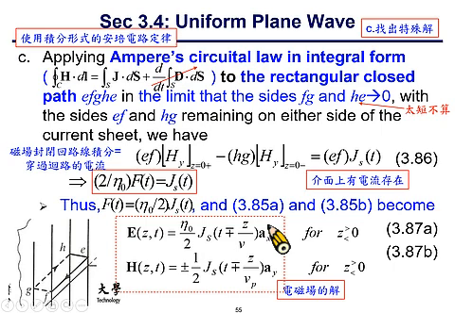No matter how small or narrow the rectangular region becomes, the current density is still there. So the surface integral of J can be reduced to the width of the rectangular region times the surface current density J. And the width happens to be the length of the rectangular region, EF and GH.